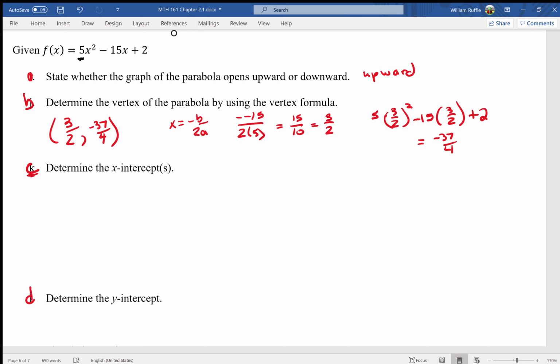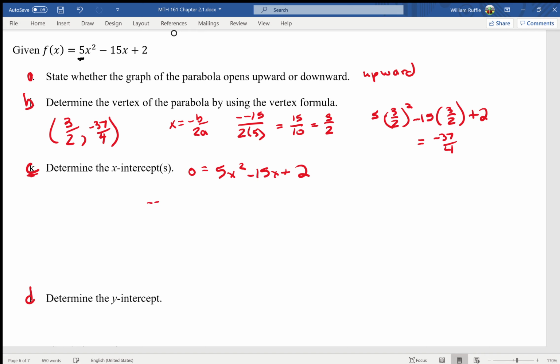The x-intercept, we've got to let 0 equal 5x squared minus 15x plus 2. Now, it doesn't factor, so I use the quadratic formula. So now we've got to do negative b plus or minus the square root of b squared minus 4ac, all over 2a.